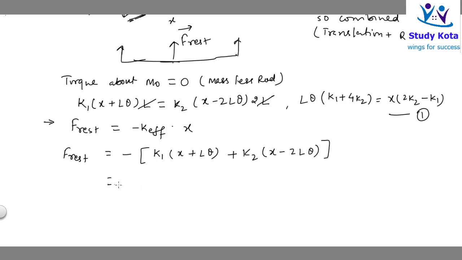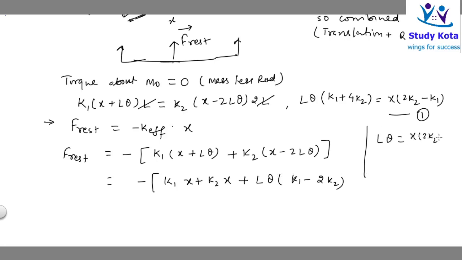This is minus of k1 x plus k2 x, plus L theta into k1 minus 2k2. So from equation 1, we can write L theta equals x into 2k2 minus k1 upon k1 plus 4k2.